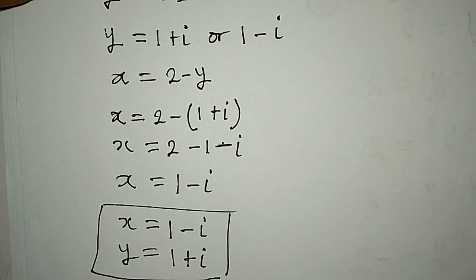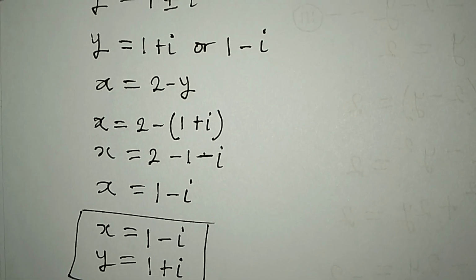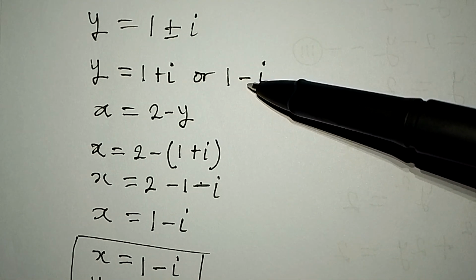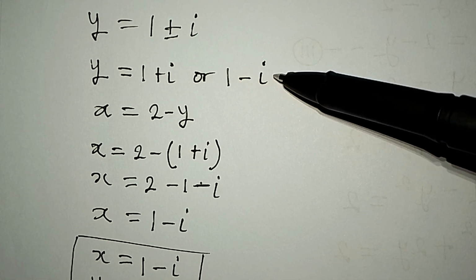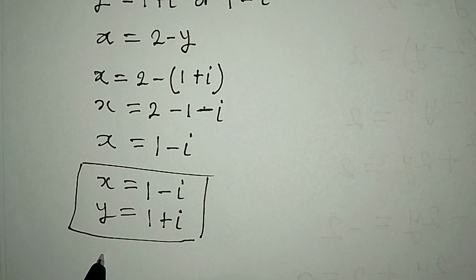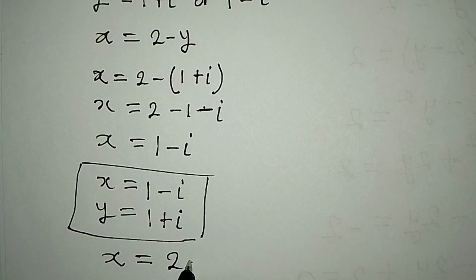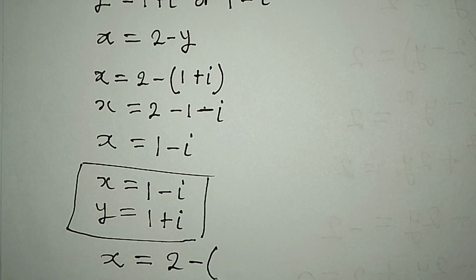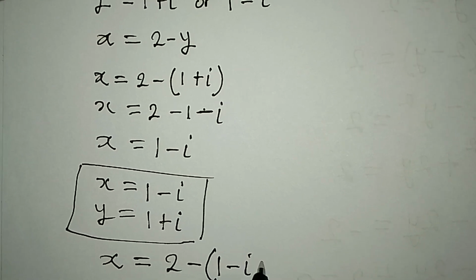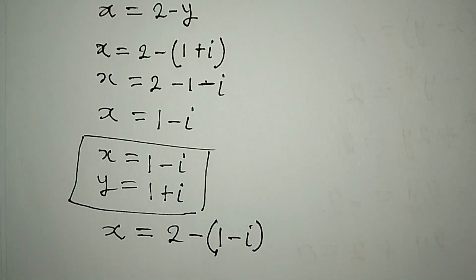Then we can also have another solution from y equal to 1 minus i. So that means x will be equal to 2 minus, in place of y, I will be writing 1 minus i. Close this bracket.